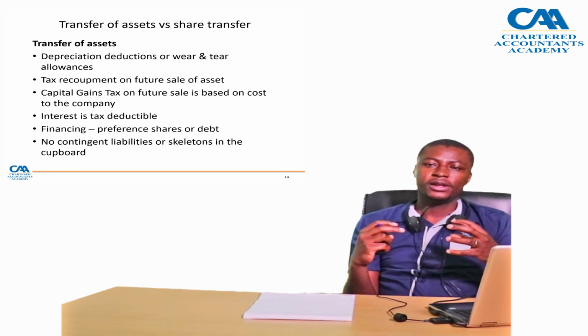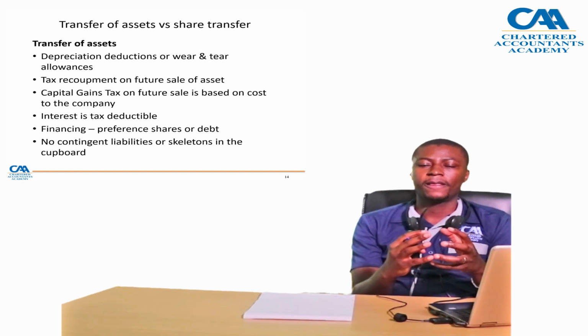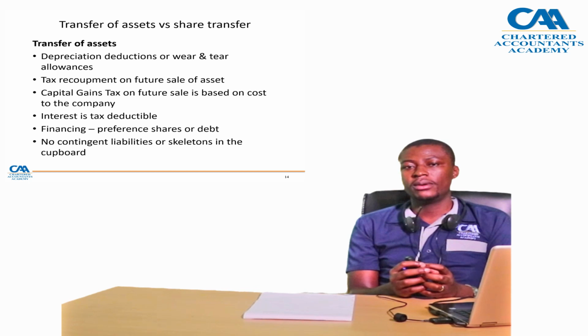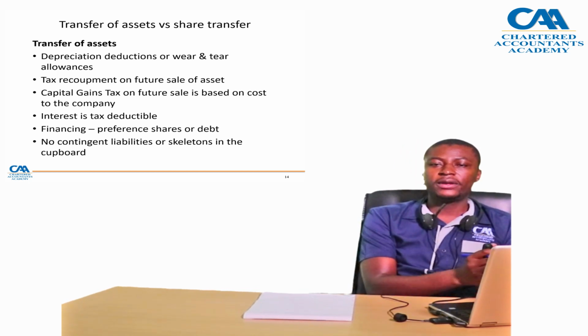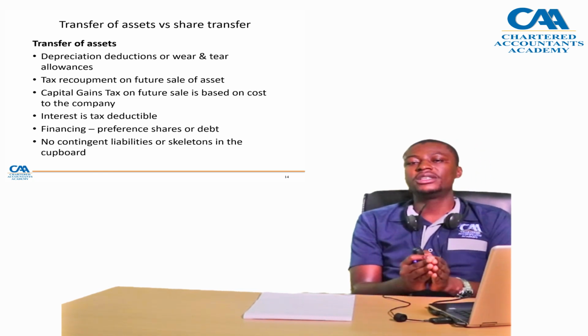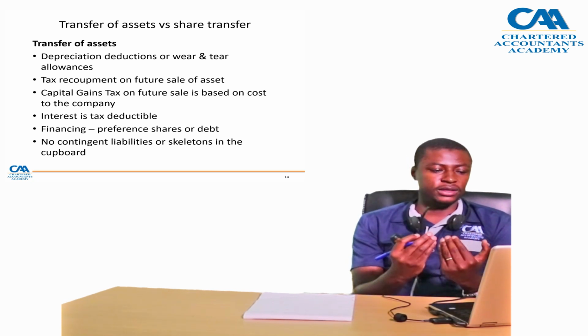Also, let's say I'm financing the acquisition through debt, the interest on that debt financing will be tax deductible. But if I purchase the shares and I finance the acquisition through debt, the interest will not be tax deductible. So those are some of the differences.